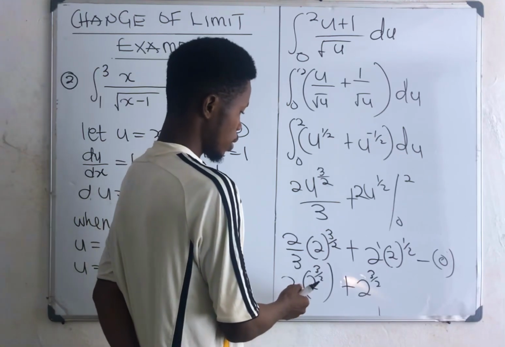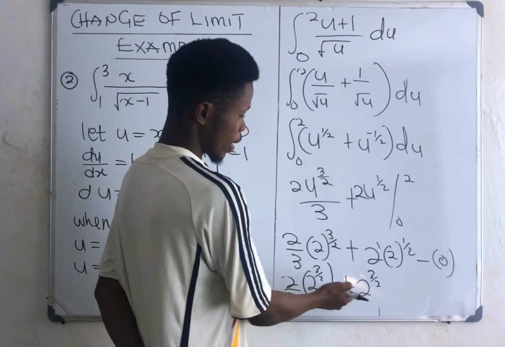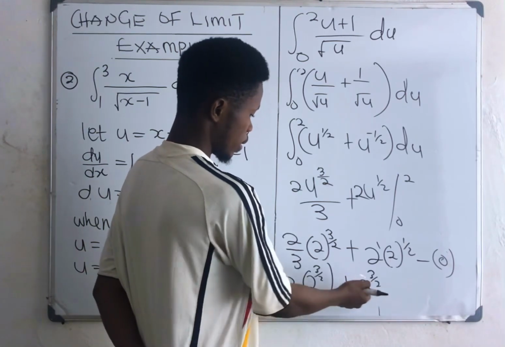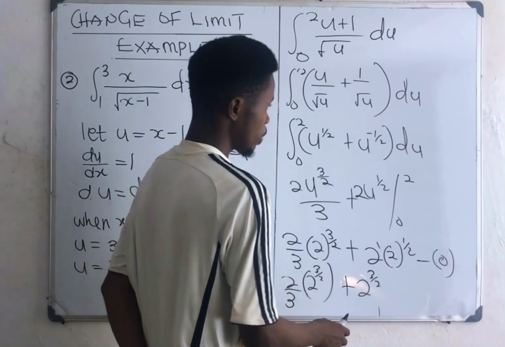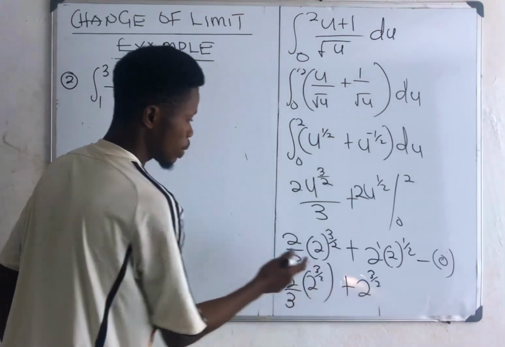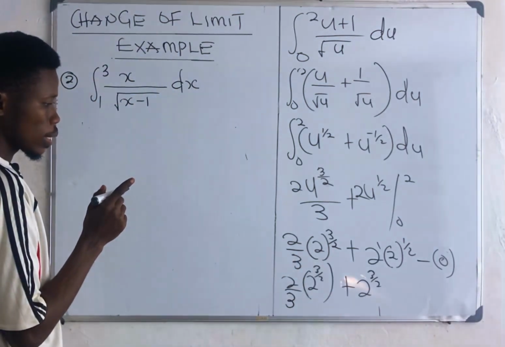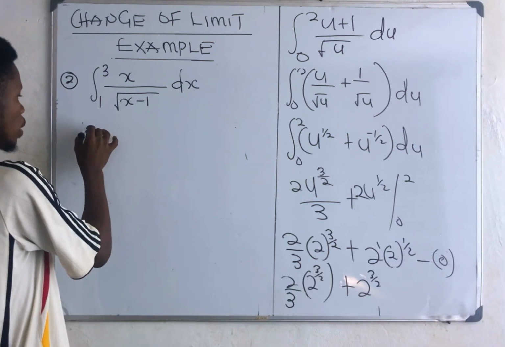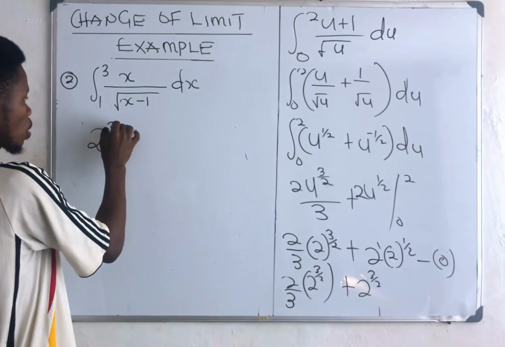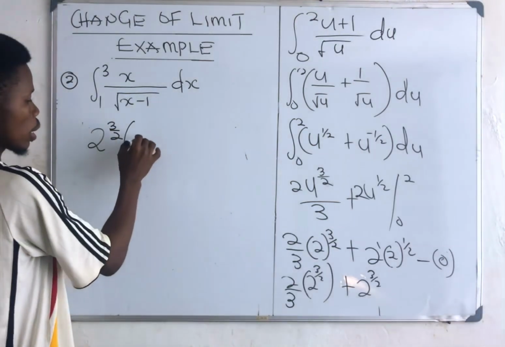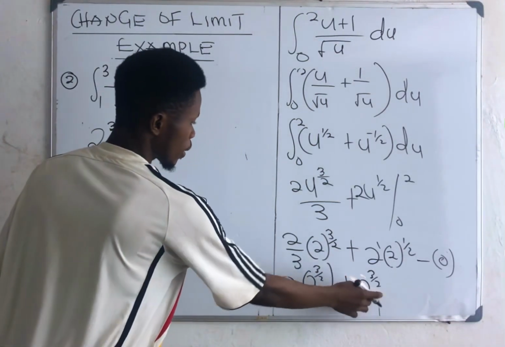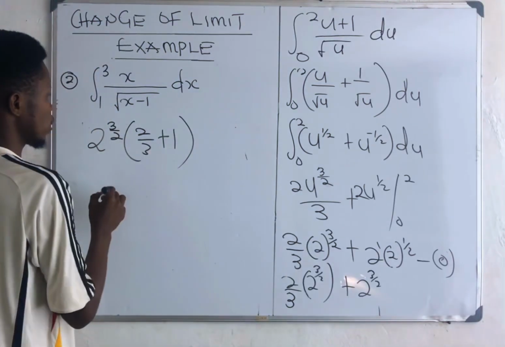So you see, this and that are the same. Can you see that? If this and that are the same, then I can factorize 2 to the power 3 over 2 out, leaving 2 over 3 plus, here if I bring it out, it will leave 1.